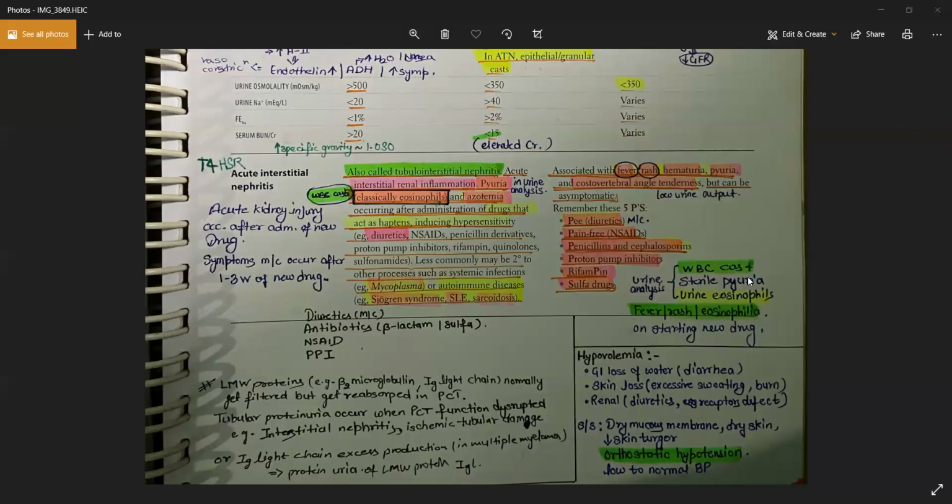Although you have eosinophilia and eosinophils in this case, it is a type 4 hypersensitivity reaction. Do remember this fact also. So a patient with a recent history of diuretics, antibiotics, NSAIDs, or PPI use, and now having fever, rash, eosinophilia, oliguria, flank pain, WBC casts, and sterile pyuria, think about acute interstitial nephritis.